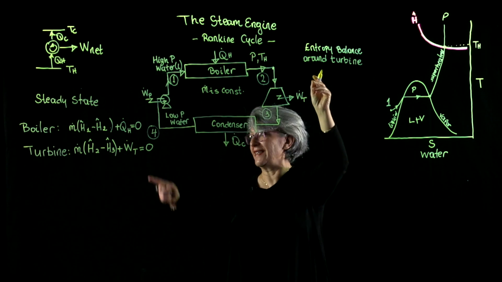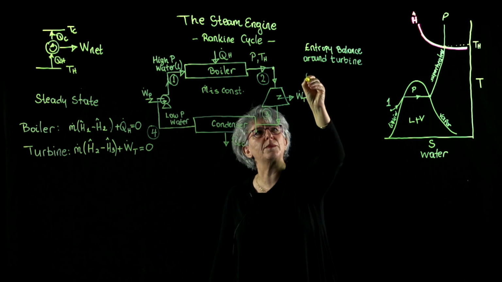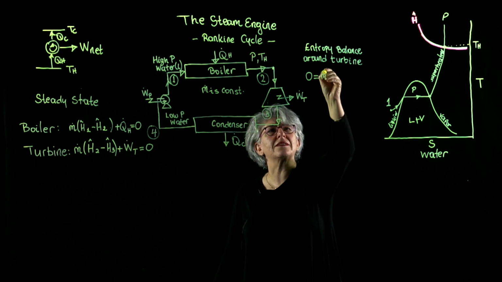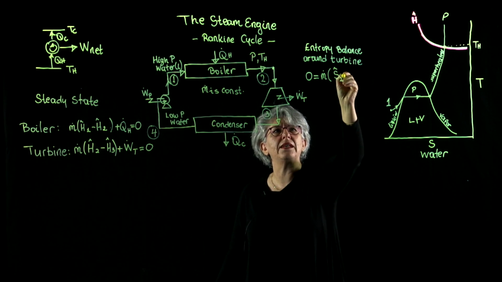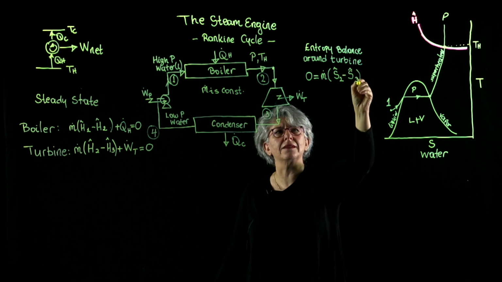So again, steady state condition prevails throughout the system, including the entropy balance. So the term on the left-hand side of the equation is 0. Our mass flow rate is constant, and for the turbine, inlet entropy is S2 with a hat, outlet entropy is S3 with a hat.